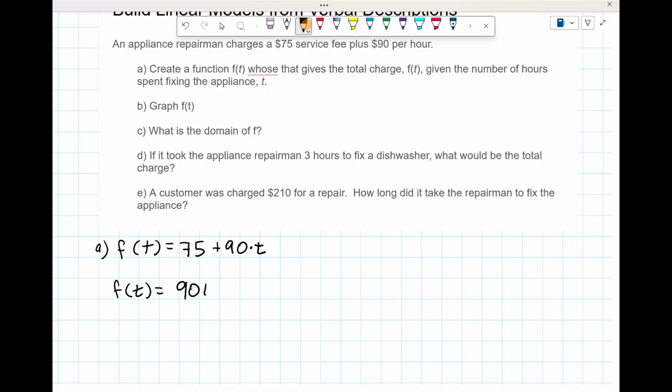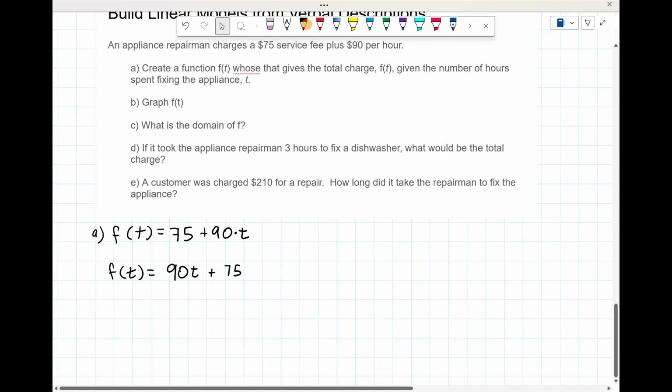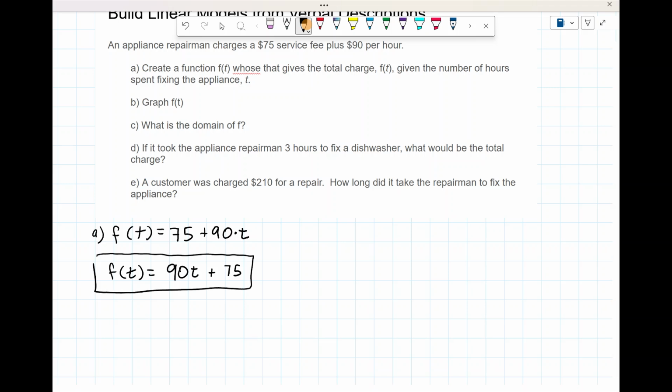So we'll have 90t plus 75. And with this function, you can plug in however many hours the repairman spent fixing your appliance. That will be the cost if you plug it into this function.